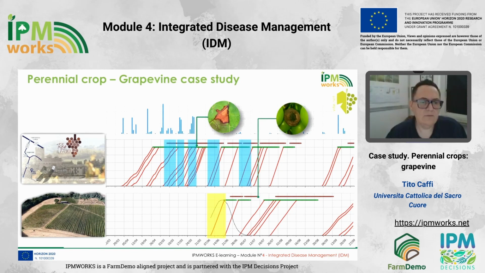Here you can see in blue the 5 copper-based fungicide applications used for protecting from downy mildew. And in the lower part of the graph, you can see this bell-shaped curve with dotted lines.